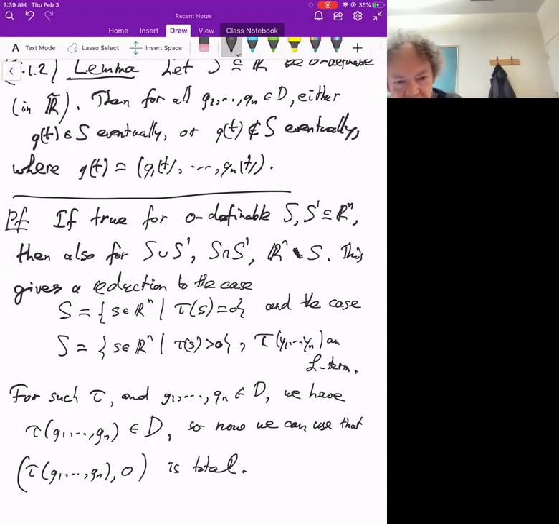If tau(g1, up to gn) evaluated at t is eventually equal to 0, then g(t) is in the first S that I mentioned here in the proof.